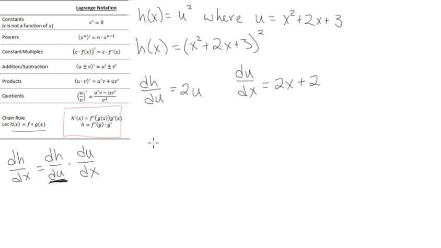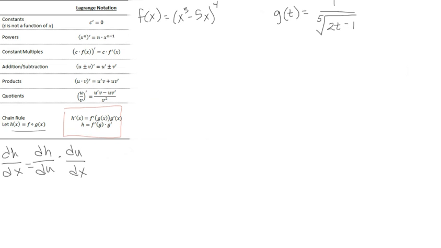So the final step here, if you wanted to find the derivative of h with respect to x, would be to take 2 times u, substitute in for the u, x squared plus 2x plus 3, times your derivative of u with respect to x, 2x plus 2.